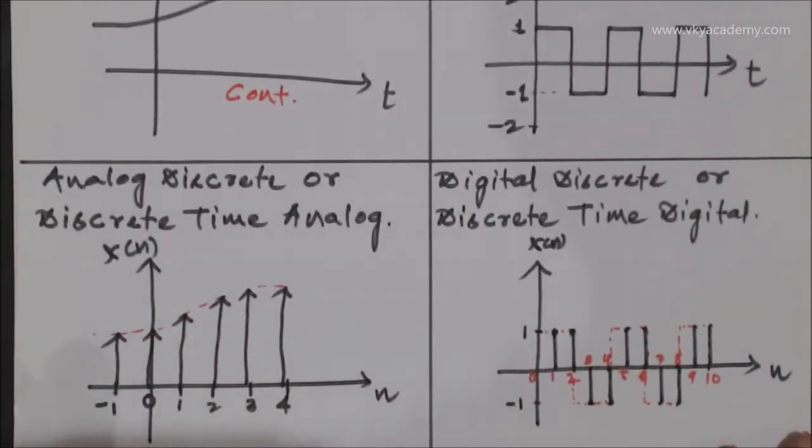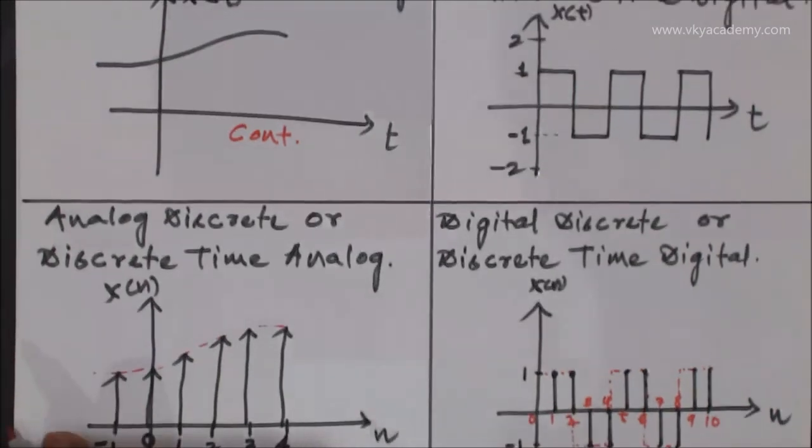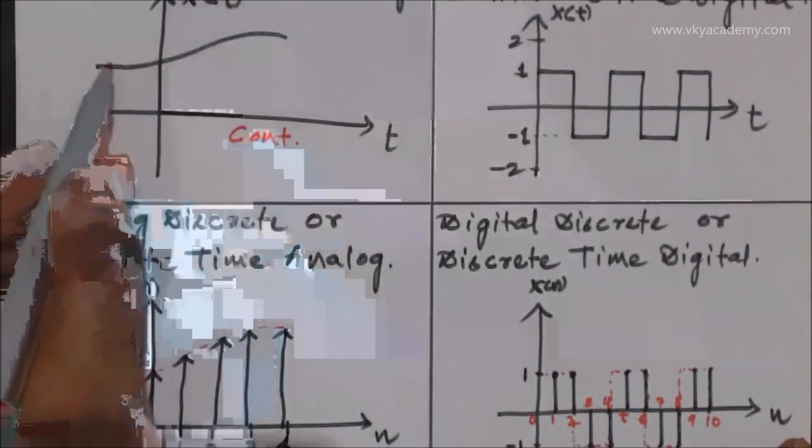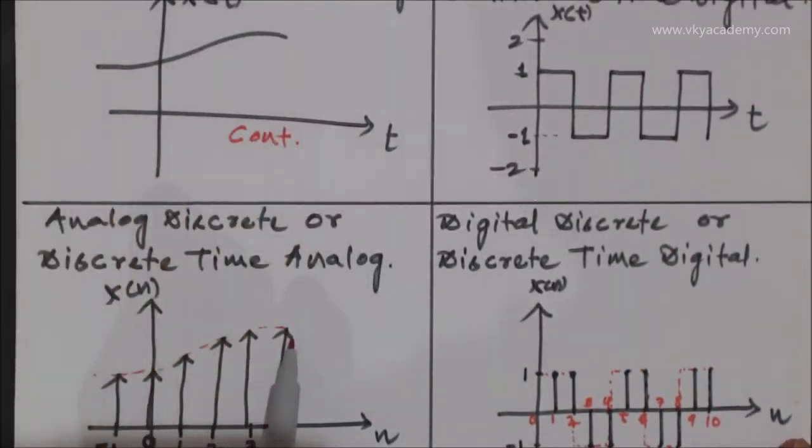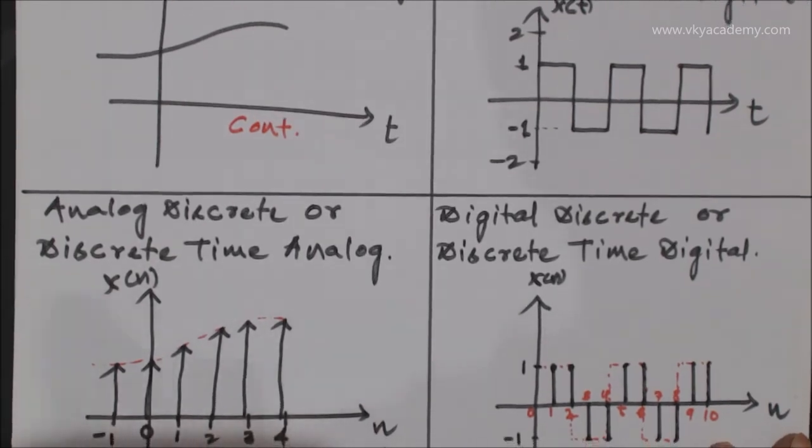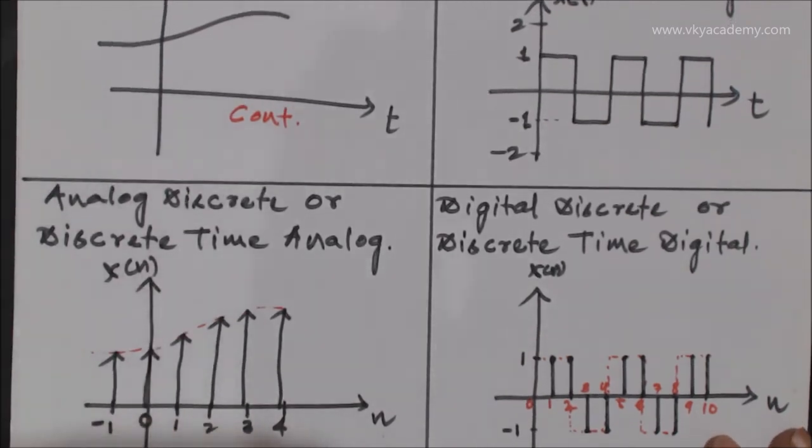Now let us see how an analog discrete or discrete time analog signal looks like. So we can see the same shape we have drawn here. This is my time axis, or you can say the discrete time axis, and this is my amplitude axis x of n.